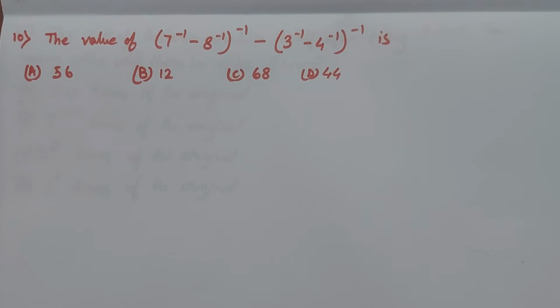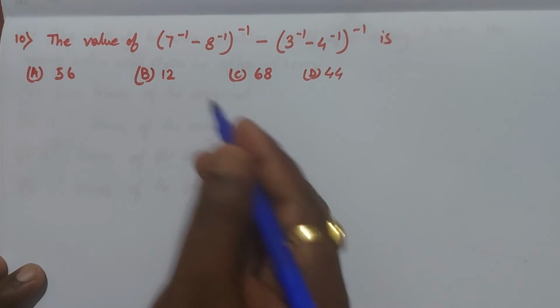So our next question is the value of 7 to the power minus 1 minus 8 to the power minus 1 whole to the power minus 1, minus 3 to the power minus 1 minus 4 to the power minus 1 whole to the power minus 1. It's all about minus.